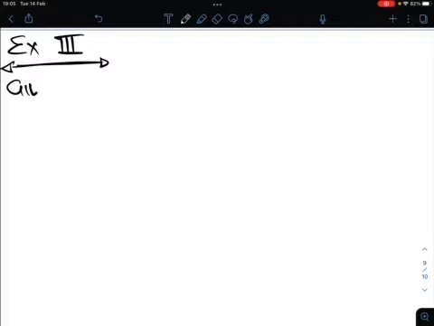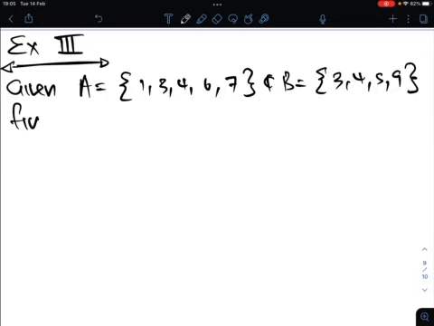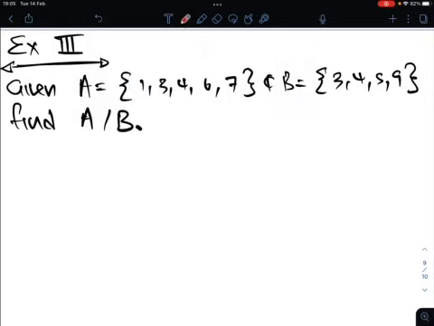Given A to be the set 1, 3, 4, 6, 7, and B to be the set 3, 4, 5, 9, find A over B. How do you find A over B, which means A minus B? So the solution goes as follows.